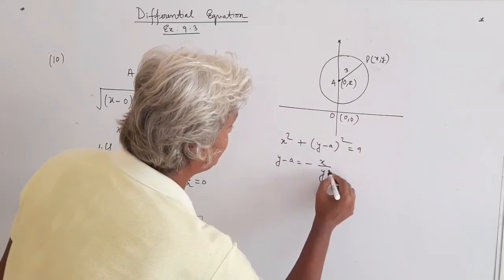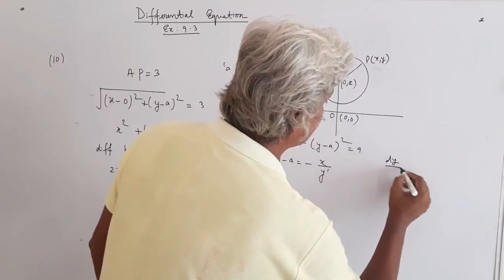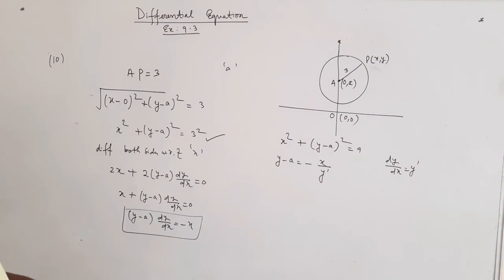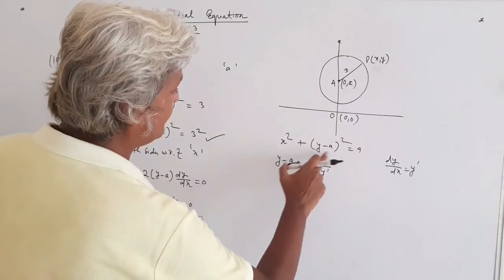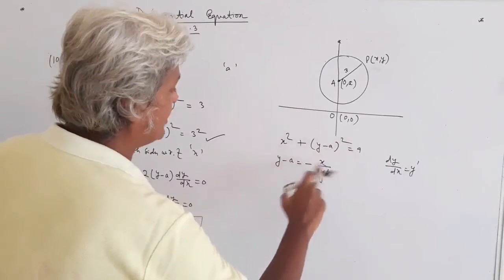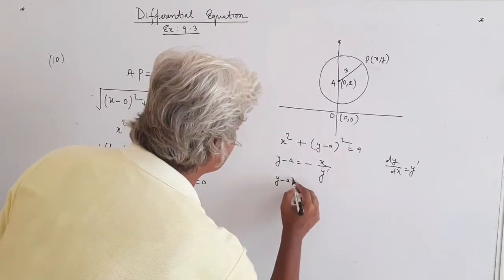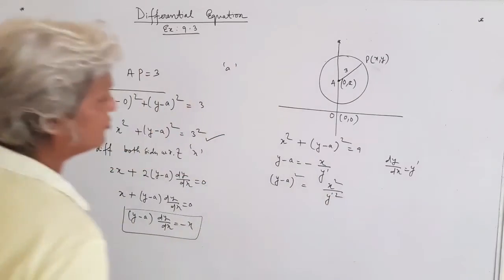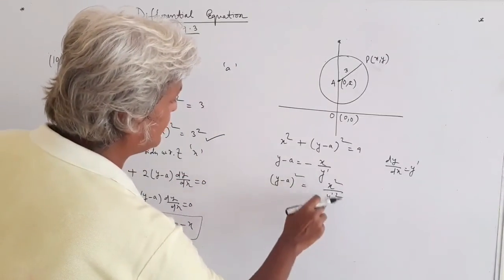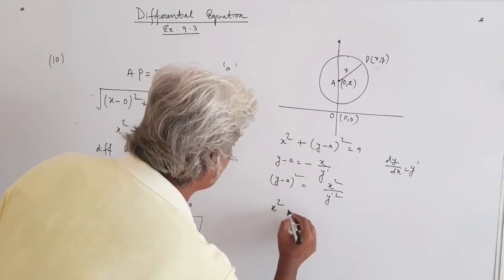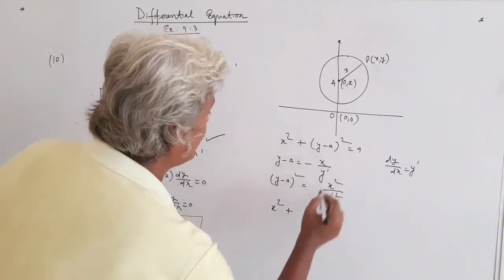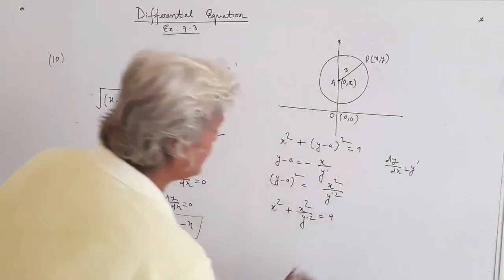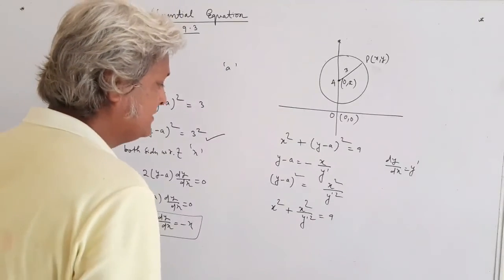I write dy by dx as y prime, or y dash. So we have y minus a and we have to find (y minus a) whole square. I just square this, so (y minus a) whole square is x square over y prime square. Now I replace this in the equation: x square plus x square over y prime square equals 9.